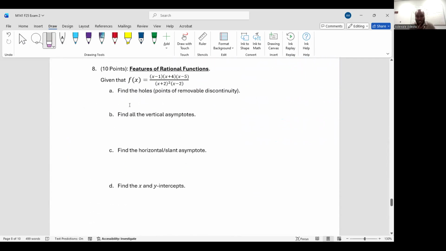That is that. And the last problem, I believe: find the holes or the points of removable discontinuities. We do not have the same factor in the numerator and denominator, so we claim here none. Done. Find all the vertical asymptotes. Meaning set the denominator to 0.